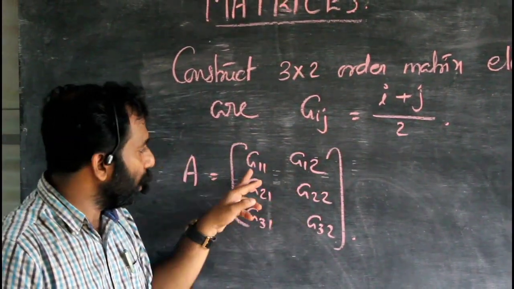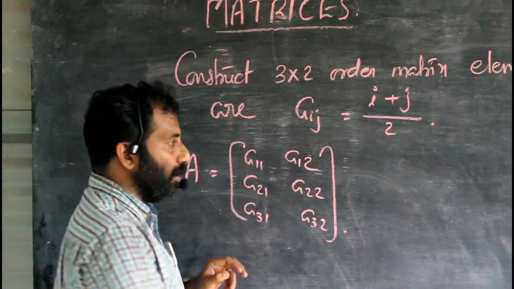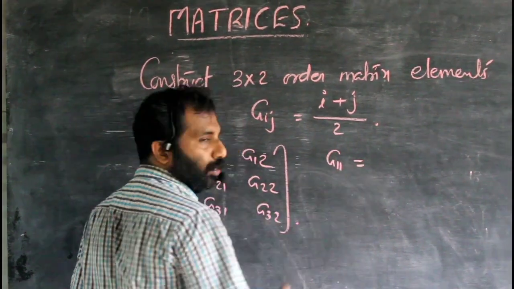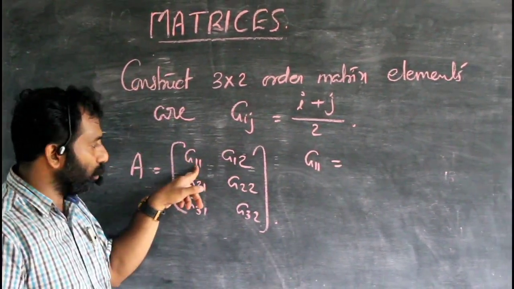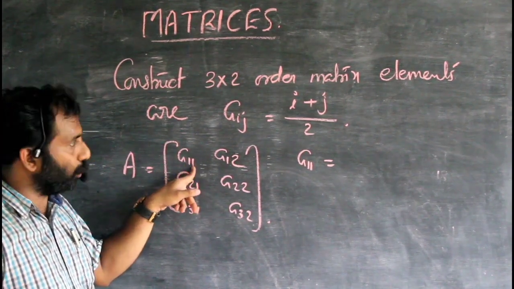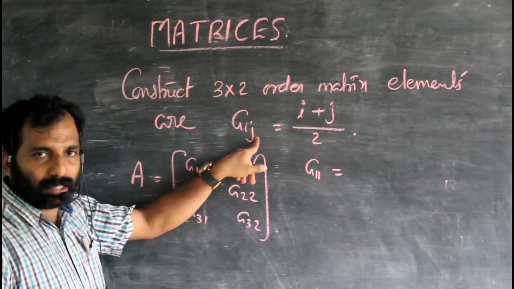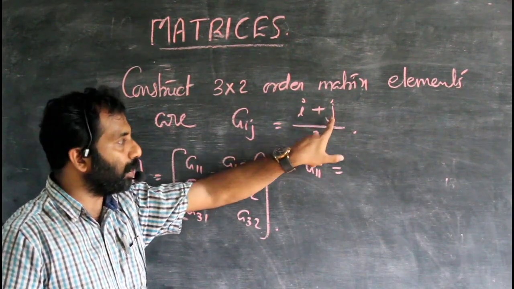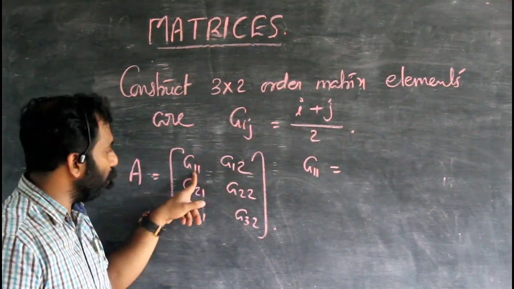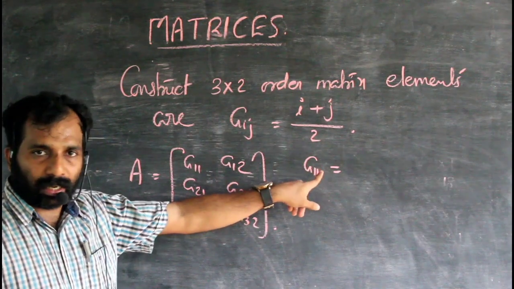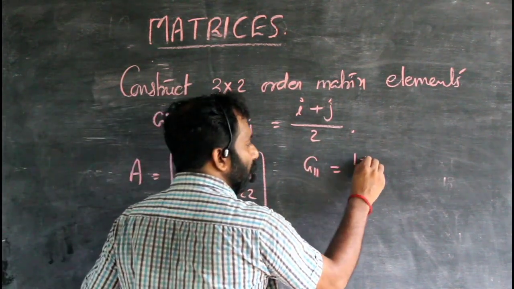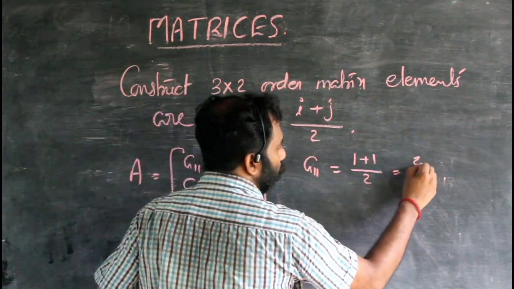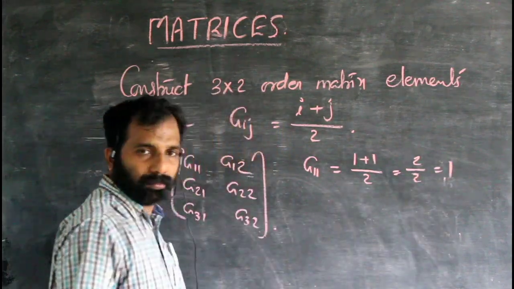That means A11 is the element in the first row, first column. Here ith row, jth column. If it is the ith row, jth column, then the element is (i plus j) by 2. So here, first row, first column, A11 is equal to (1 plus 1) by 2, that is equal to 2 by 2, equal to 1.